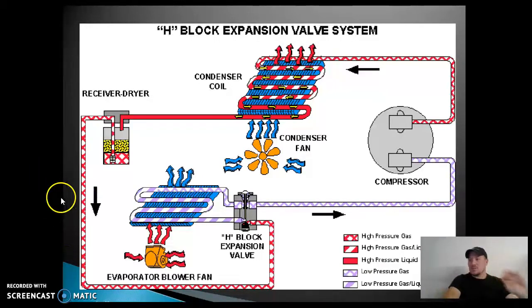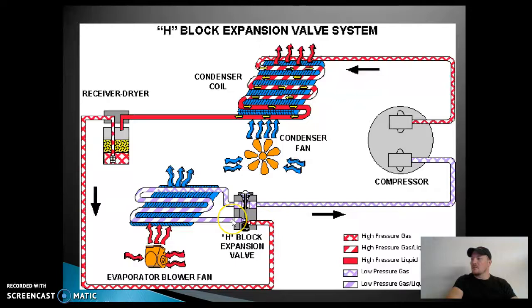That gas liquid mixture travels down to our H block. Got an itty bitty tiny little orifice right here that opens based upon the pressure on the back side. So as pressure changes back here, it opens and closes this little needle, which opens and closes the port right here.